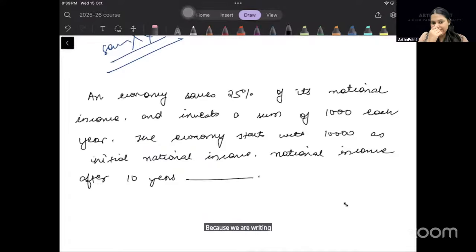Because we are writing this year's income as last year's income ka function, it also becomes difference equation. Okay, give it a try. Should we do it?